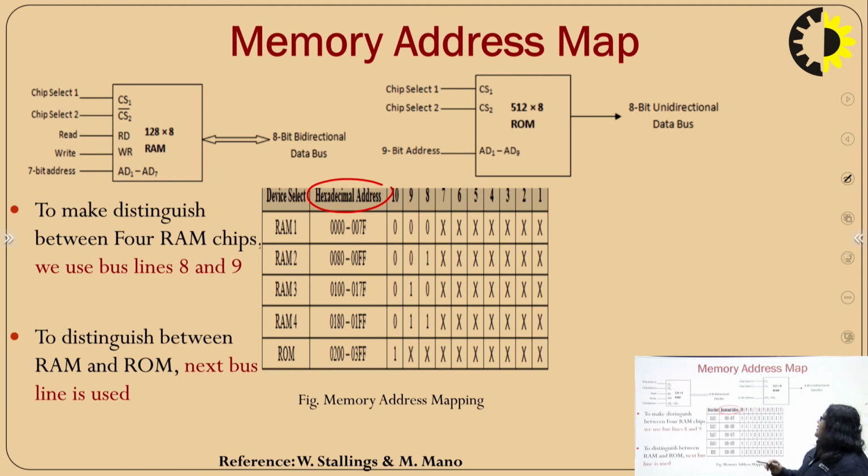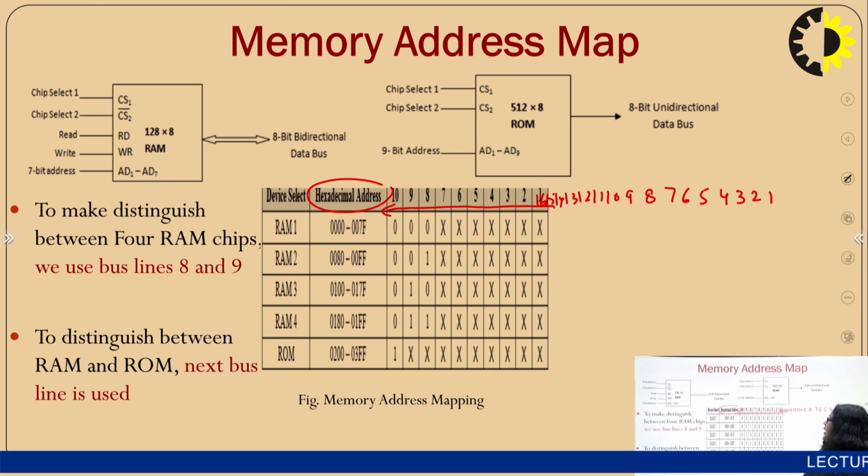So we define them as 1 to 16: 1, 2, 3, 4, 5, 6, 7, 8, 9, 10, 11, 12, 13, 14, 15 and 16. These 16 bits we have to define for a single hexadecimal address of our RAM or ROM.